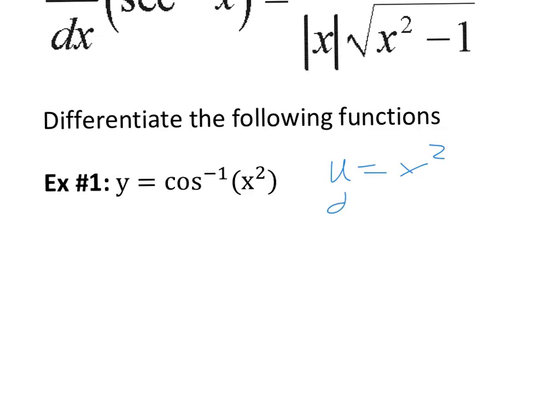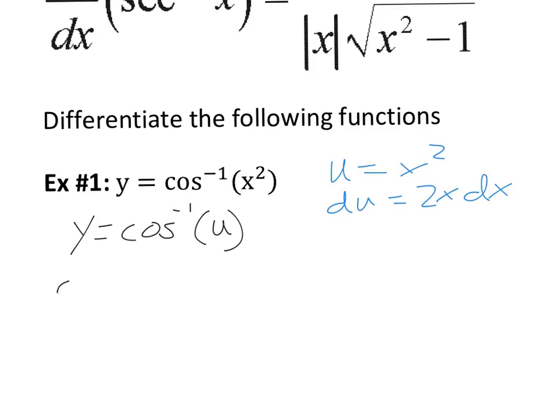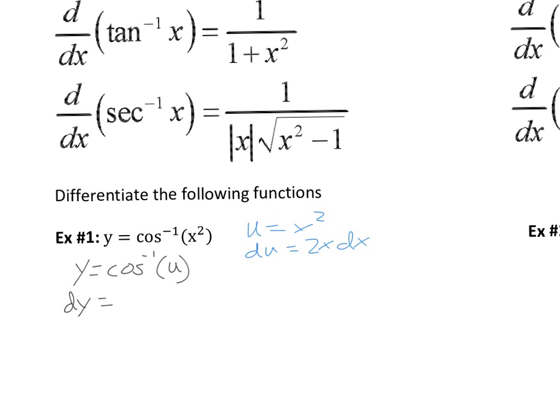And real quickly then, if I was to take du, that would equal 2x dx. So now let's rewrite this. That means that y, instead of equaling the arc cosine of x squared, now equals the arc cosine of u. Well, now we could differentiate this pretty easily. That means that dy equals, well, what is the derivative of arc cosine?